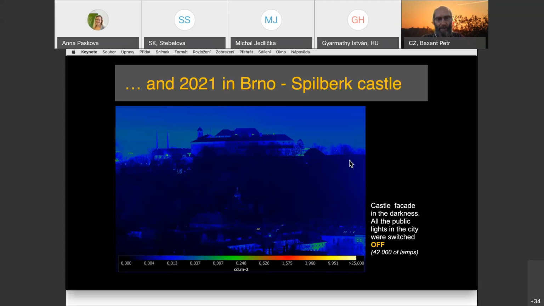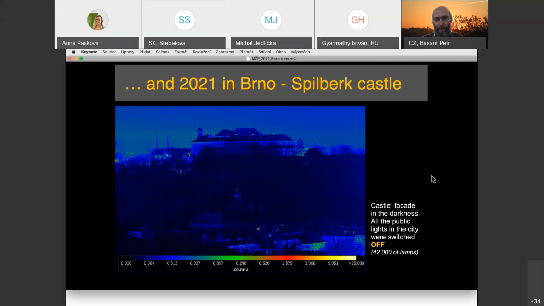In this picture, we can see Spilberk castle and how it looks when the public lights are off. At this time 42,000 lamps in Brno were switched off.